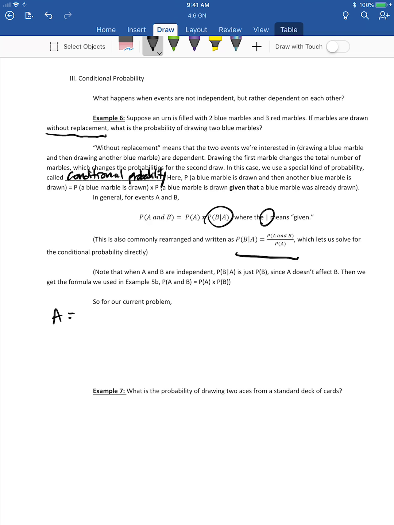We'll say A is the event that we draw a blue marble, and B is the event that we draw another blue marble.